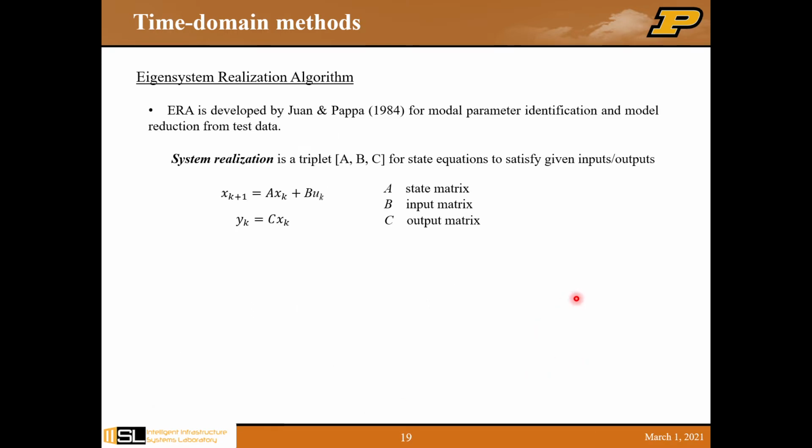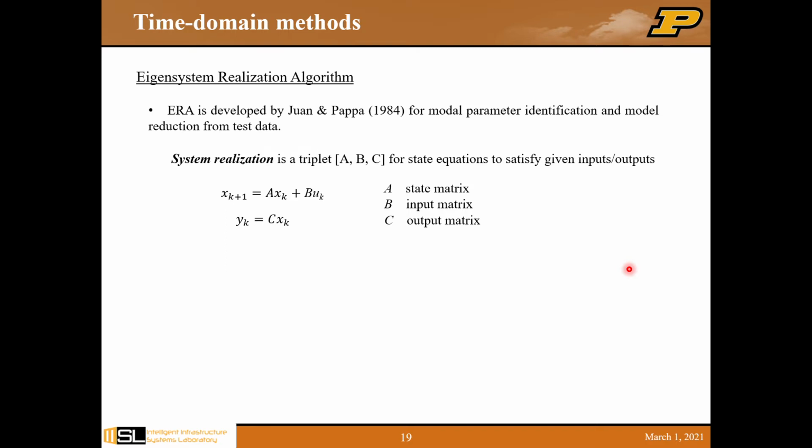The third time domain method we are going to study is the eigensystem realization algorithm, which we also call ERA in short. It was developed by Juang and Pappa in 1984 for modal parameter identification and model reduction from test data. It has more accurate results, and is also widely used in different areas.